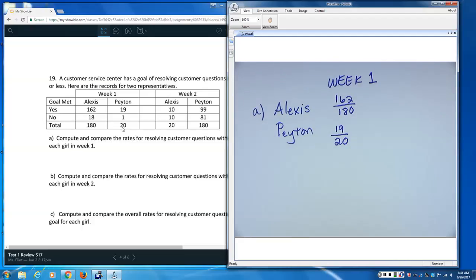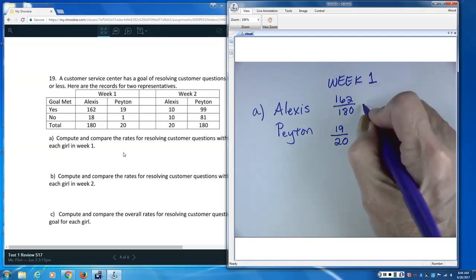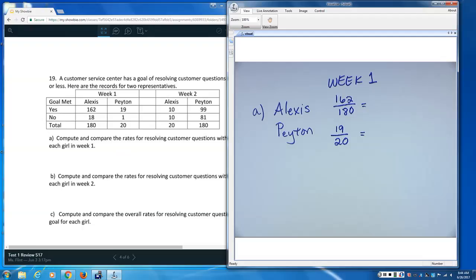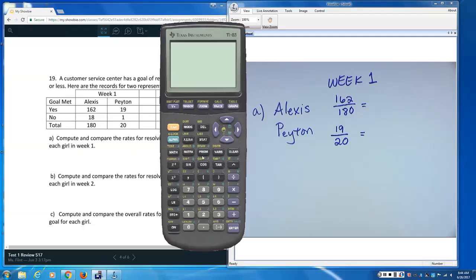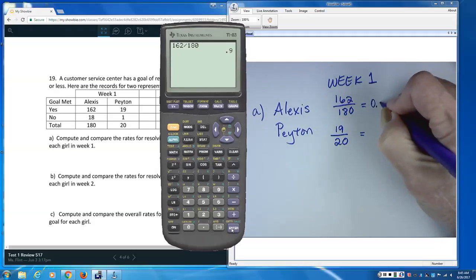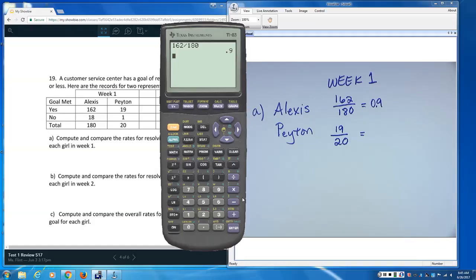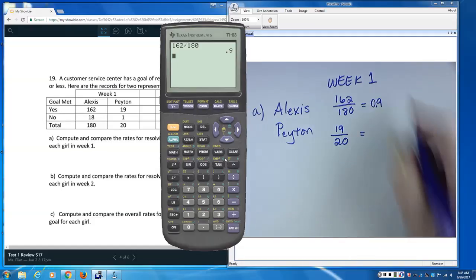Now, before you jump to too many conclusions, look at the disparity in those two sample sizes. Okay? So when I convert this to a percent for her success rate, I get 0.9, and that's 90%.